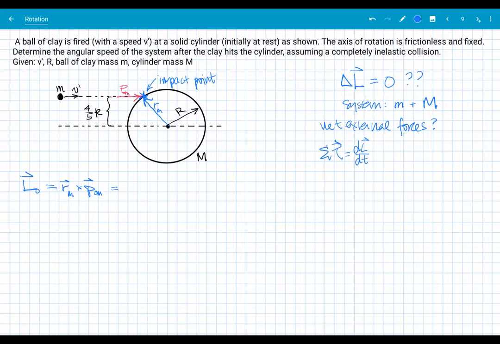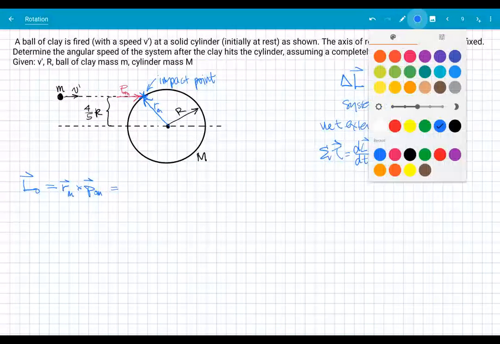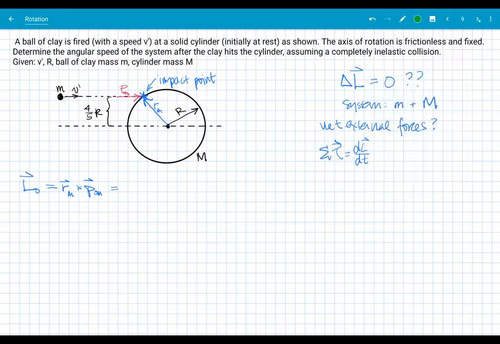And you can visualize that in different ways. In this particular problem, I find it is easiest to envision, let's see, I'm going to use a different color for this, that if I draw in this vector right here, I can call this r sub m perpendicular.